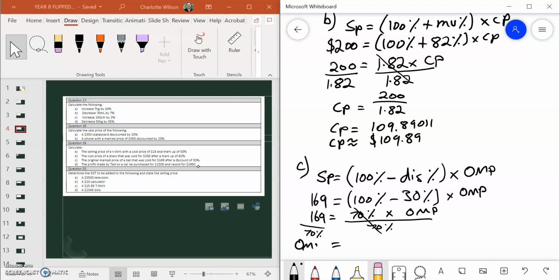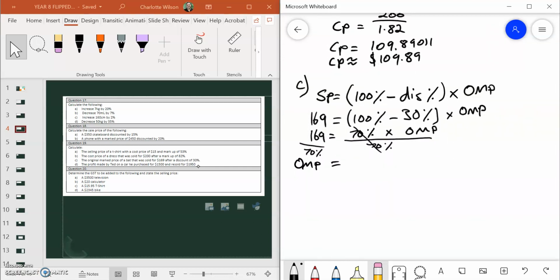So our original mark price is going to equal 169 divided by 0.7, which is $241.428571. So approximately the original mark price of the bat was $241.43.